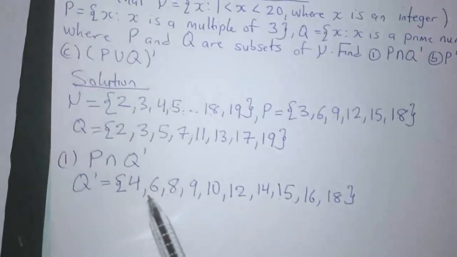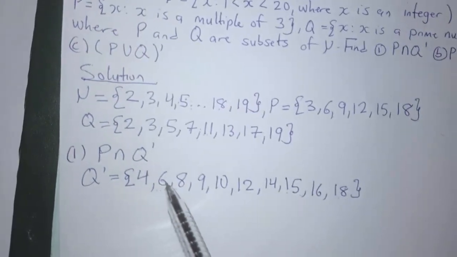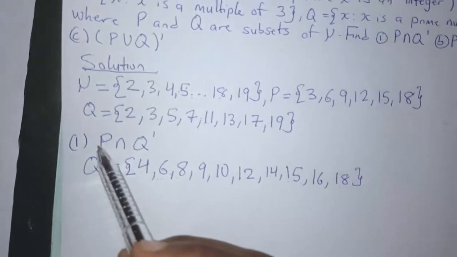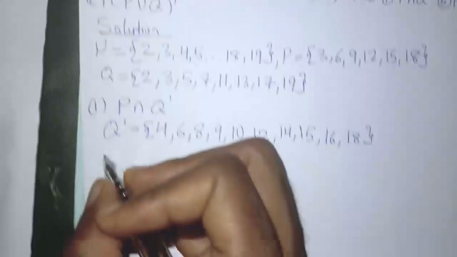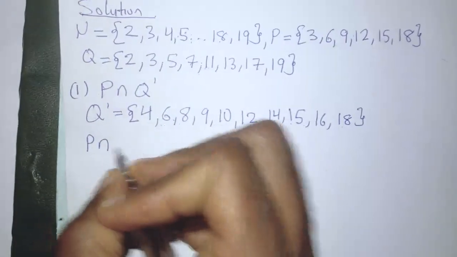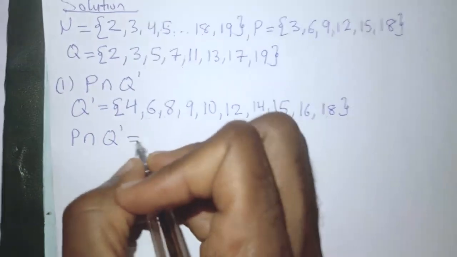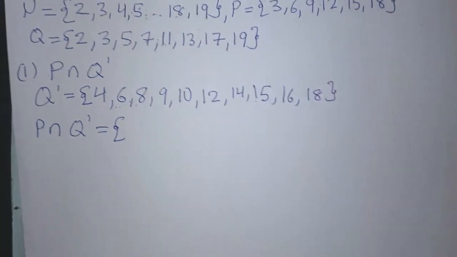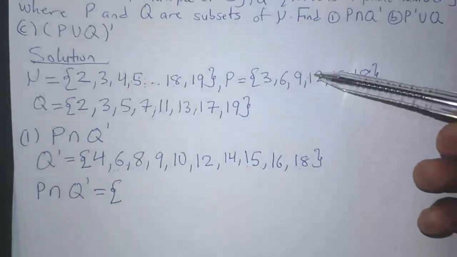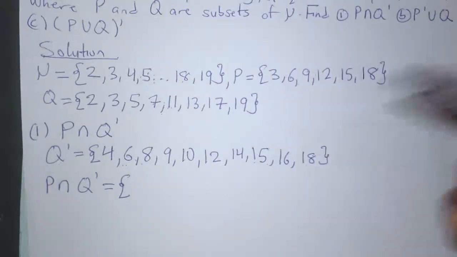Now that you know Q prime, you can find the intersection between Q prime and P. Remember, you already know P. This is set P. So P intersection Q prime. Remember, I told you what intersection means earlier. An intersection means what is common to both P and Q prime. And what would that be?